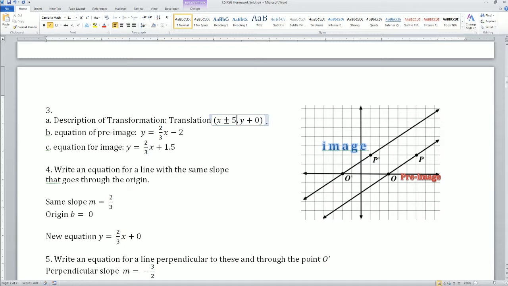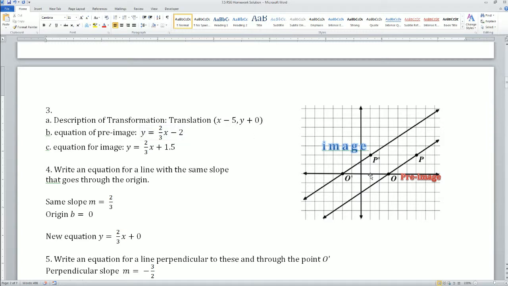It's subtract 5. Do you see how from P to P prime you subtract 5 from the x? That's the description of the transformation: a translation 5 units to the left.